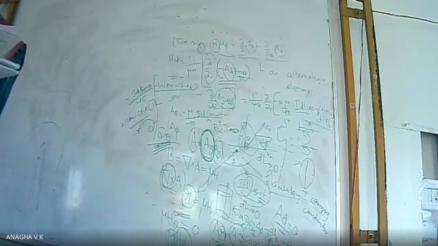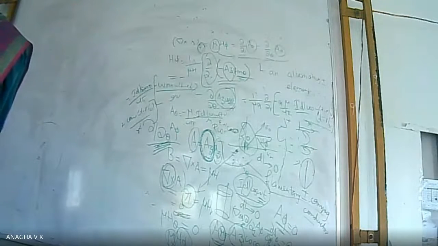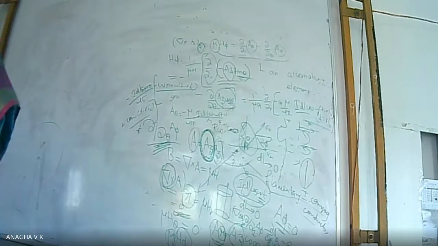Okay. So the absent is only 4. 4 means Archita. Only Archita is absent. Okay. Archita absent. Okay.